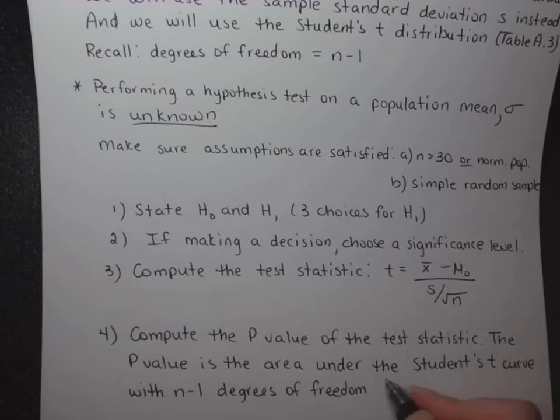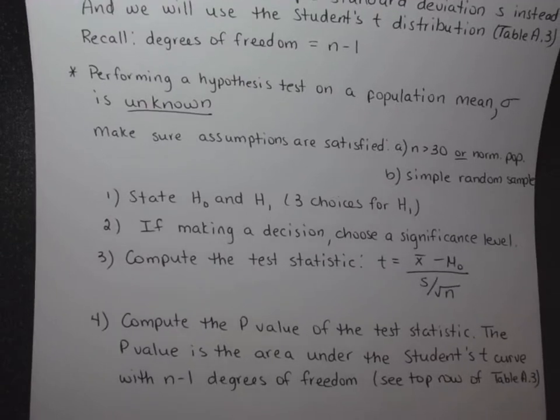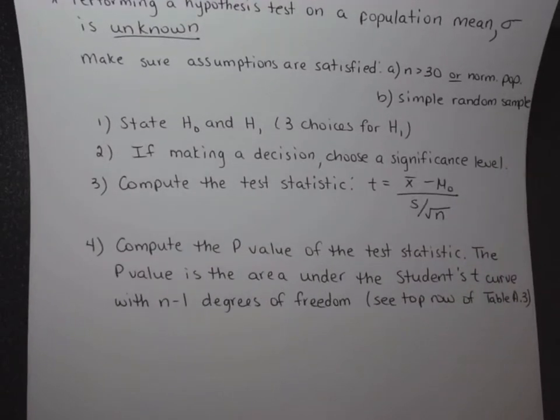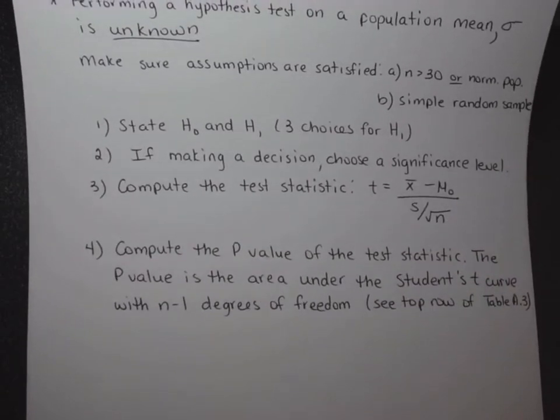Okay. You're going to see the top row. I'm going to show you how to use it in a minute when we get to an example. You're going to look at the top row of table 8.3 to see what significance level that you're at, to know where to read on the table.